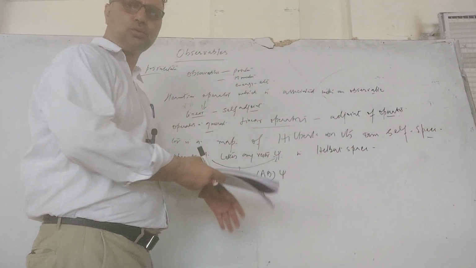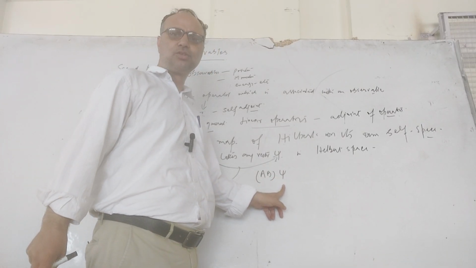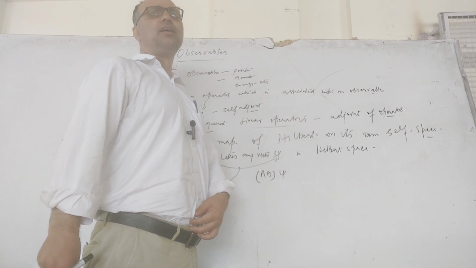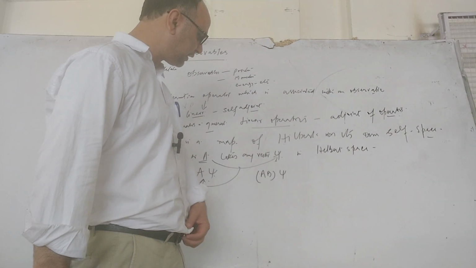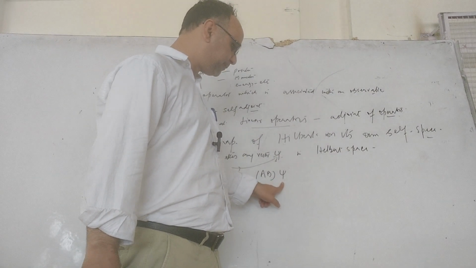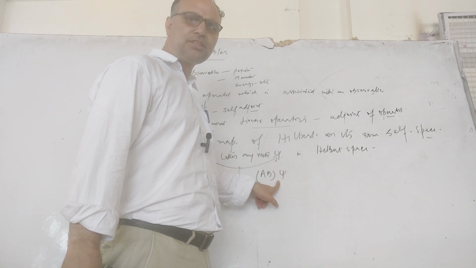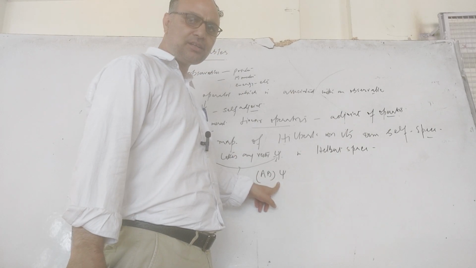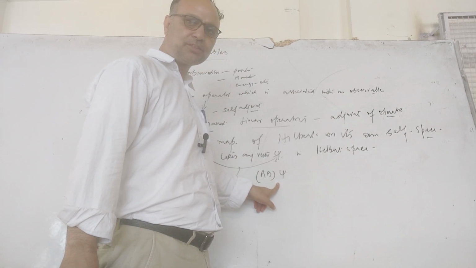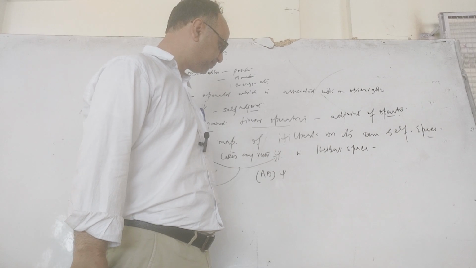You have to see that this psi is the sort of wave function we have defined previously. It's a wave function which we also identified as the state of a given system, a quantum mechanical state.